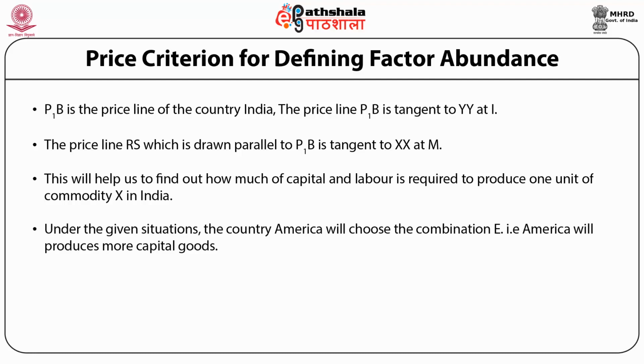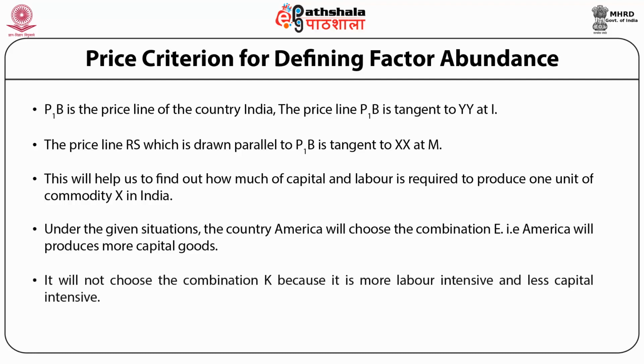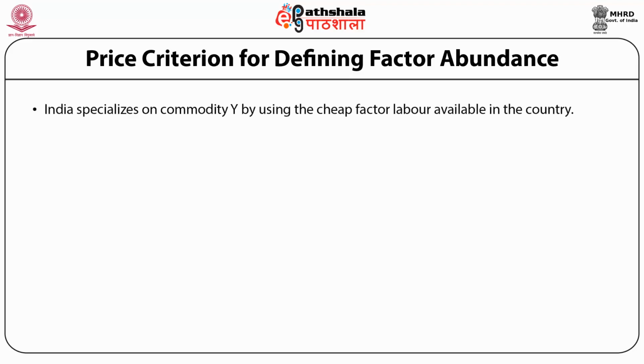That is, America will produce more capital goods. It will not choose the combination K because it is more labor intensive and less capital intensive. India specializes in the commodity Y by using the cheap factor labor available in the country.